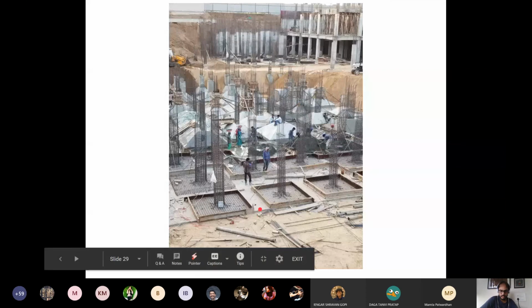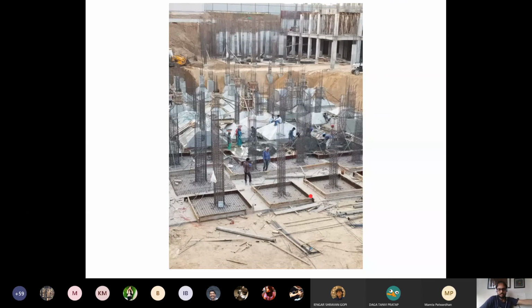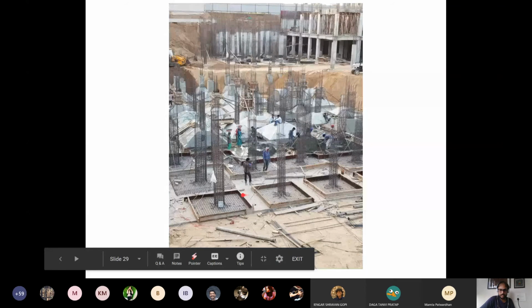In this case, you can see that the PCC is made across the entire foundation, the reason being that the foundations are coming so close to one another. So it doesn't make sense for me to separately make the PCC. I'm laying a single PCC layer across the entire foundation on top of some sand. Before this, they would have done compaction.